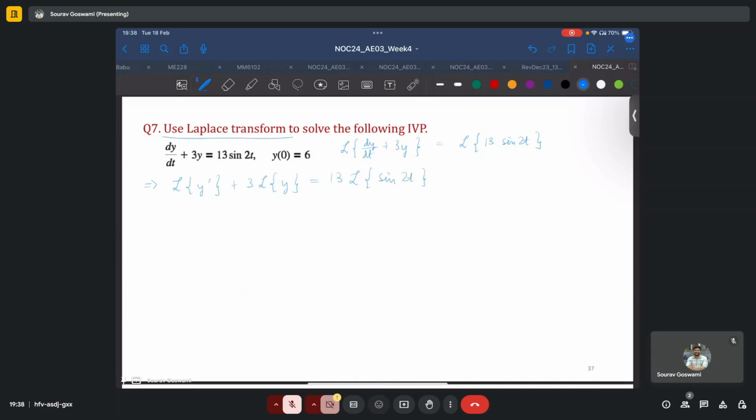Now, just to recollect, I will write the formula for the Laplace transform of derivatives here.